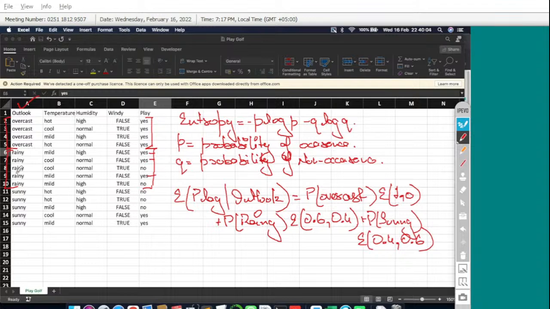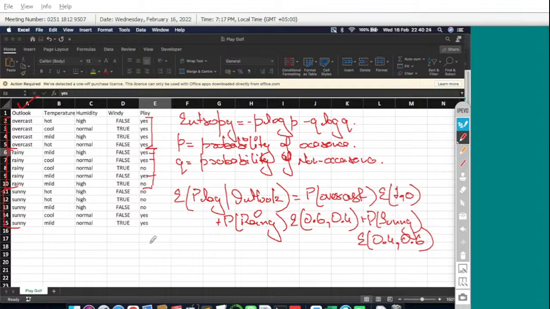Yes? Similarly, we can calculate in sunny. And that's the probability of sunny into entropy of 0.4, 0.6.